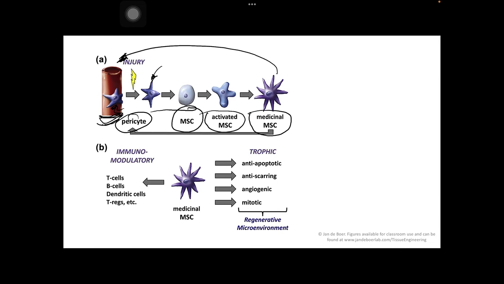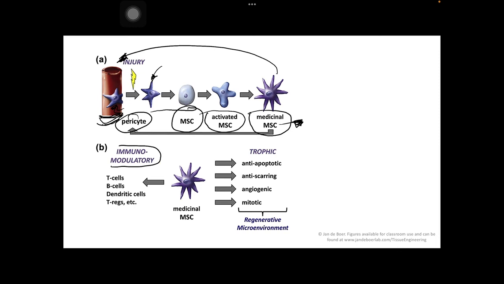However, as I said before, depending on the microenvironment and depending on the demands, this medicinal mesenchymal stem cell can have two specific phases or fates or roles.